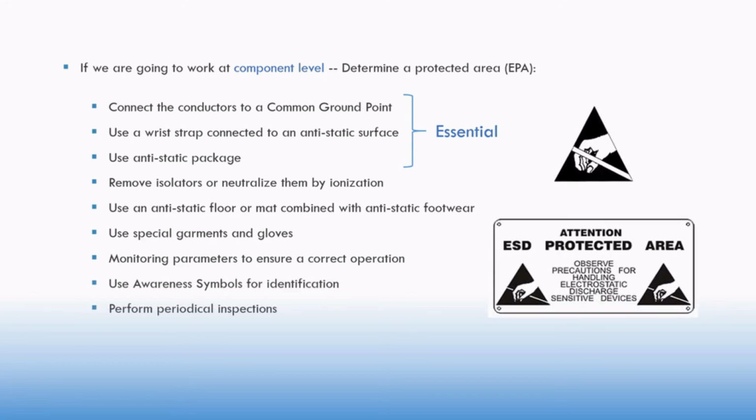Remove insulators or neutralize them by ionization. We have to use an antistatic floor or mat combined with antistatic footwear. Use special garments and gloves. Monitor parameters to ensure a correct operation. Use awareness symbols for identification, like the ones shown in the picture, and perform periodical inspections.